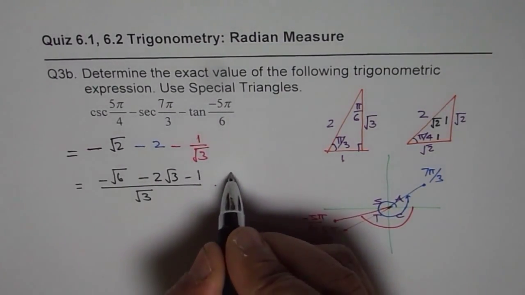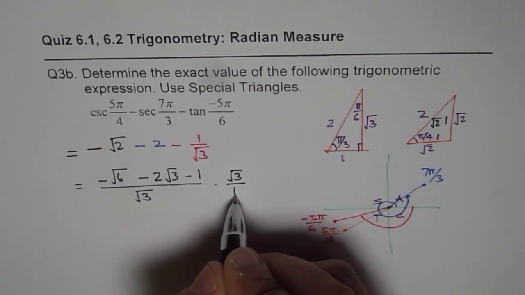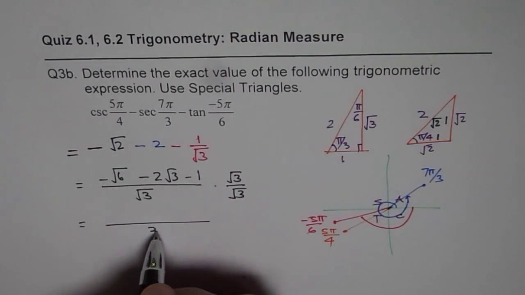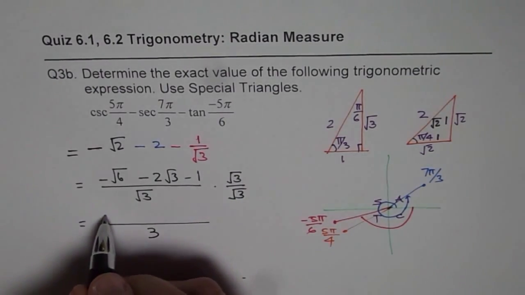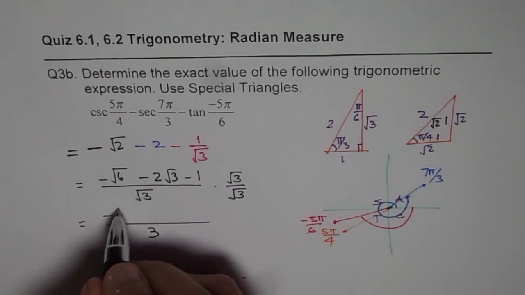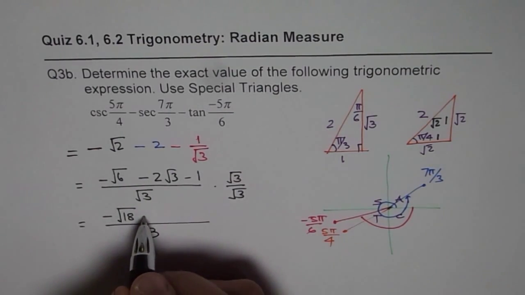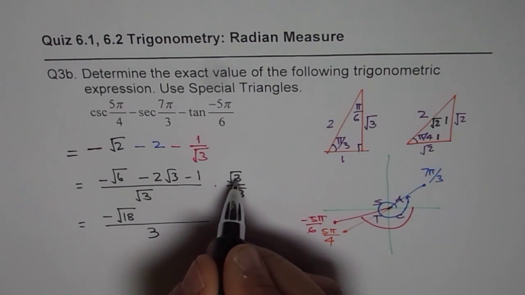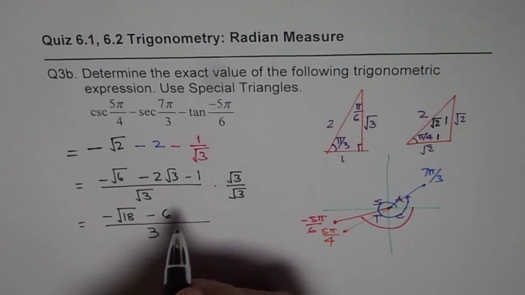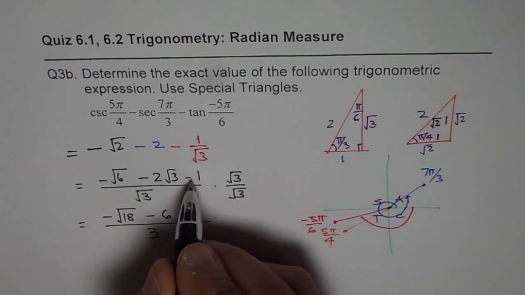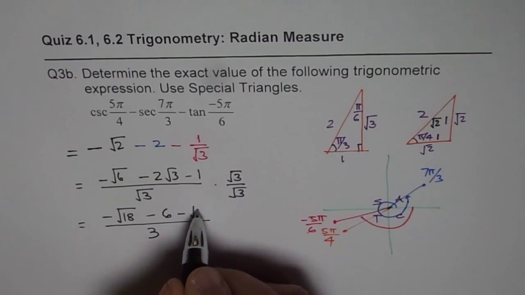That means multiplying and dividing by square root 3. In that case, we get denominator as 3, and here we get minus 6 times 3 as 18, minus 3 square root 3 is 3, so minus 6, and then we have here minus 1 times square root 3, which is minus square root 3.